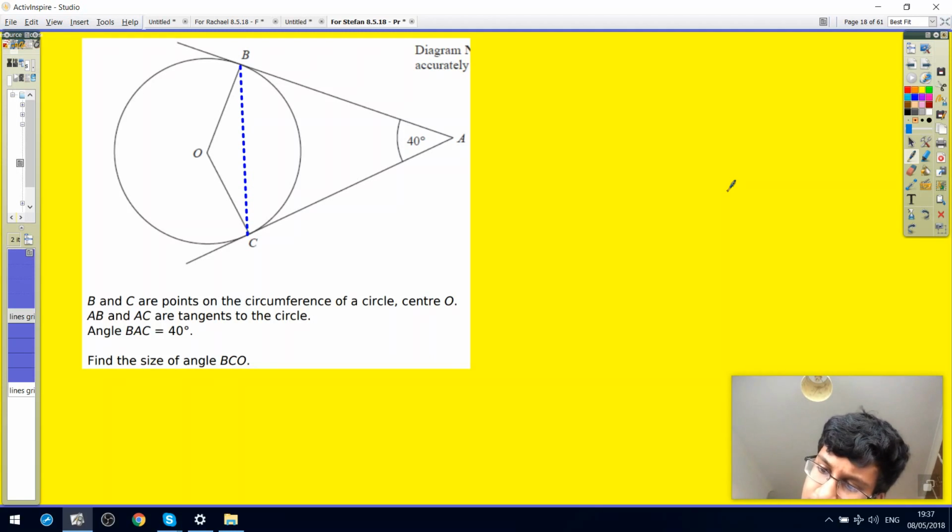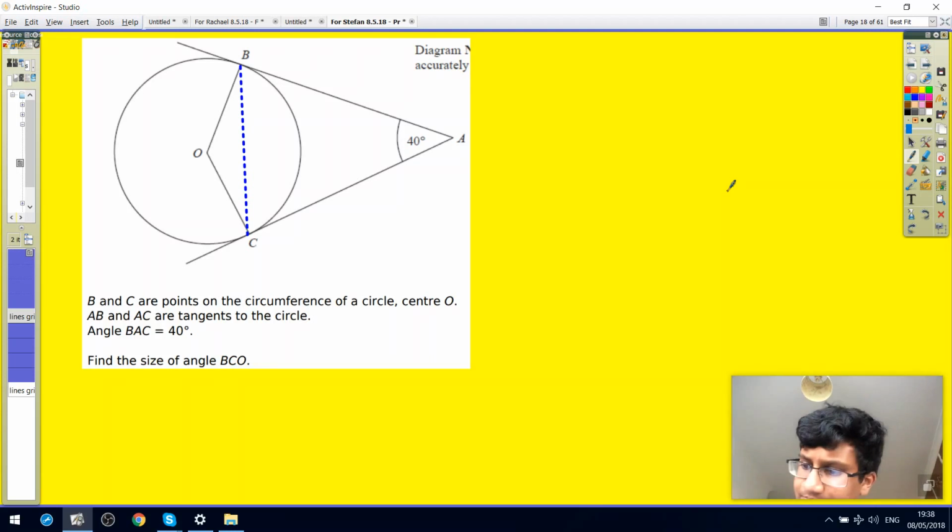So, yeah, that would be separated, and we know that angle BOC is 140 degrees. We don't have to give any reason, so that's 140 degrees.